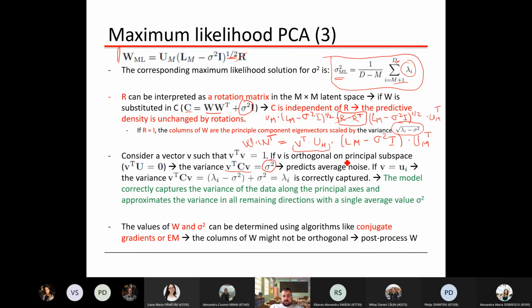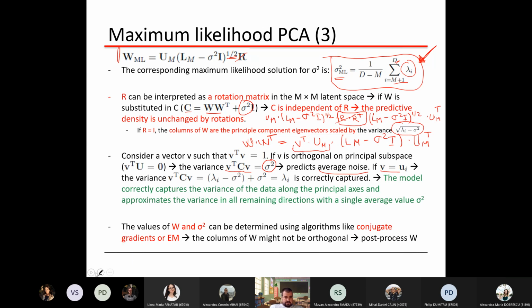So it's sigma squared. So for the dimensions that are not kept as principal subspace, we will predict average noise. Noise that you saw that is the average of the lambda i's for all the i's that are not kept in the principal subspace. However, if V equals UI, it means that, sorry, I have a correction to make here.